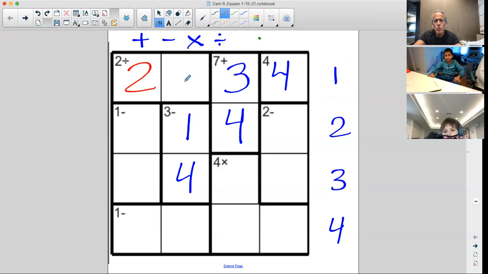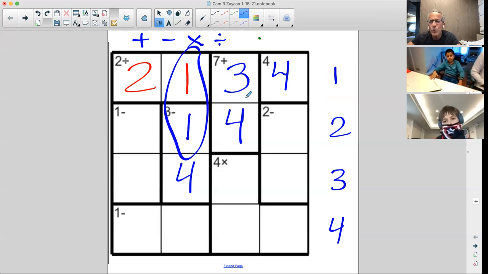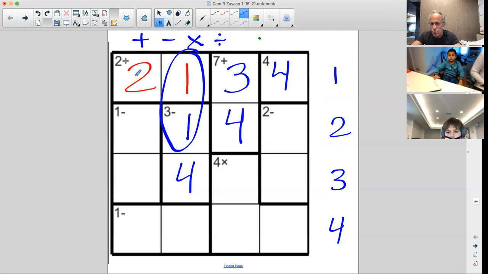Now, what order do they go in? Can we say 2 and 1, Zayaan? Because now we have 2 1s in that column. Cam, are we allowed to use 2 1 in that order?